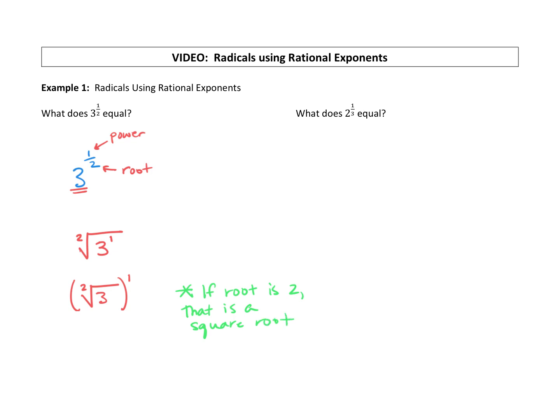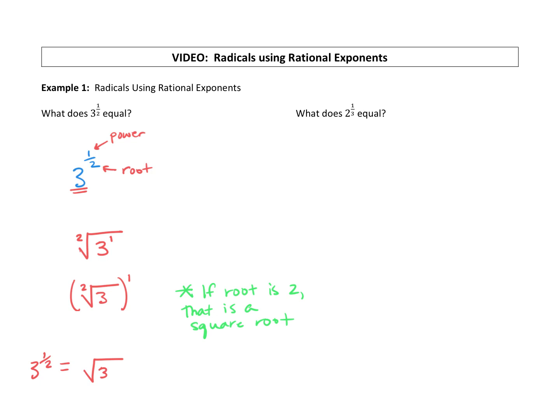So if you're talking about a square root, we do not need to write the 2 right here, because if we just write a radical like this, that is defined as a square root. As soon as we change the root, we'll start putting different numbers in here. So if the root of our rational exponent is a 2, you don't need to write the 2 in there. And then 3 to the first power is just 3. So 3 to the 1/2 power can be rewritten as the square root of 3.